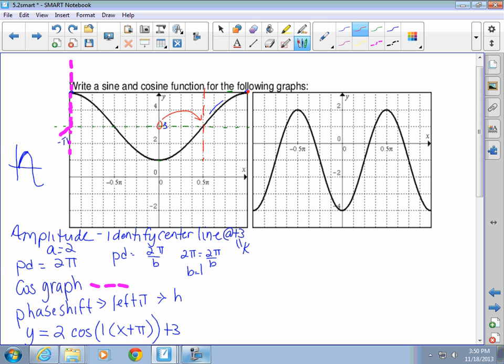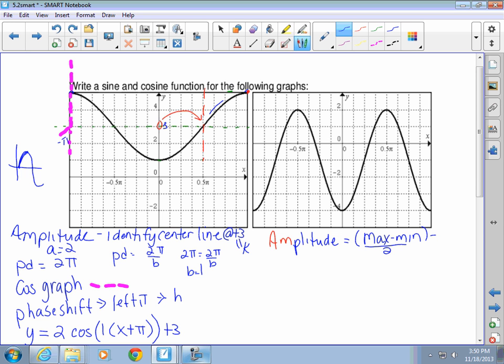We had talked a little bit about it last time when you're looking for your amplitude. Your amplitude, I'm going to change my color, is always your maximum value minus your minimum, and then we divide that all by 2.